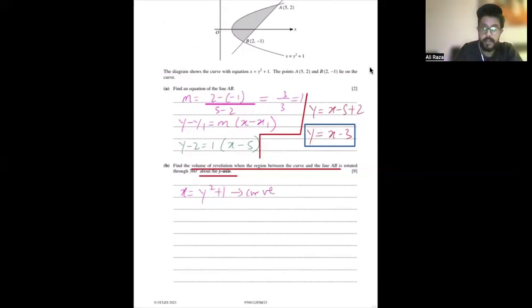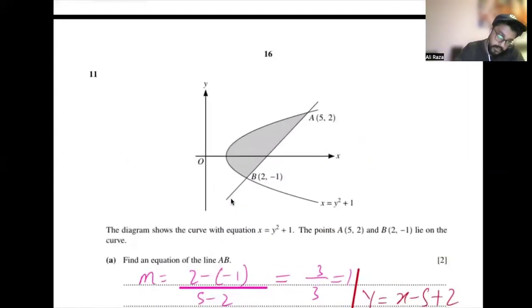X is equal to y squared plus 1 would be the curve, and x is equal to y plus 3 would be the line equation of AB. For the y-axis revolution, limits would be 2 and minus 1.